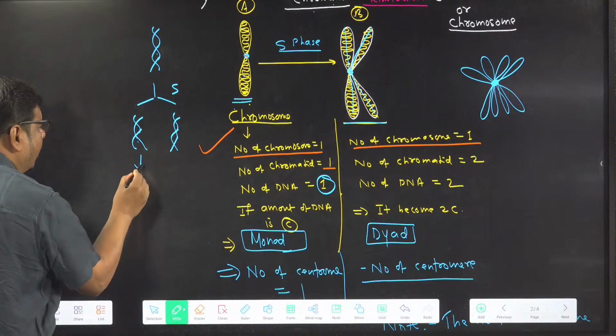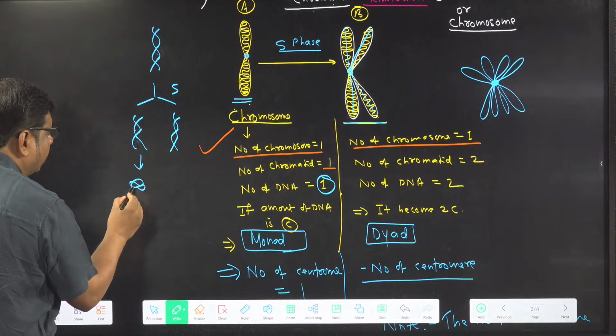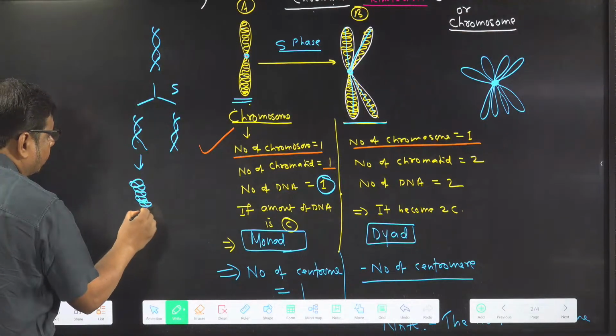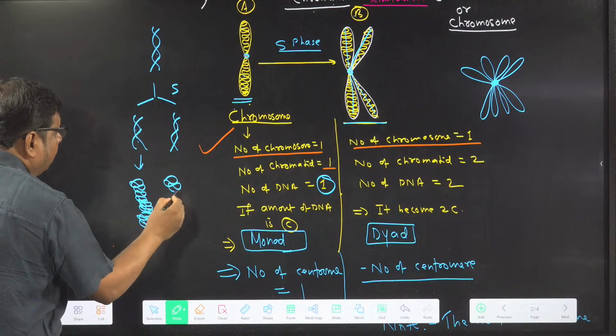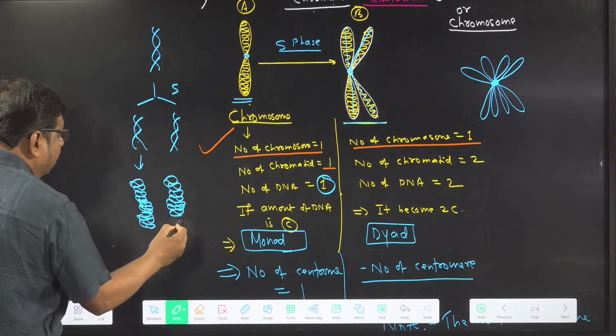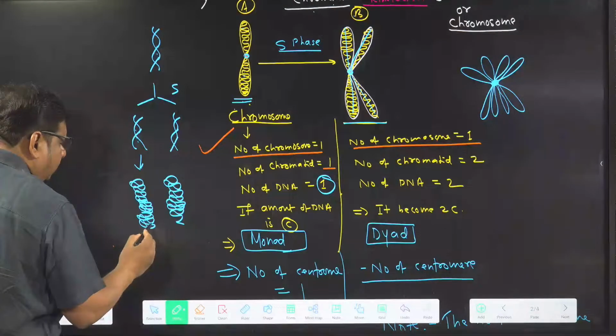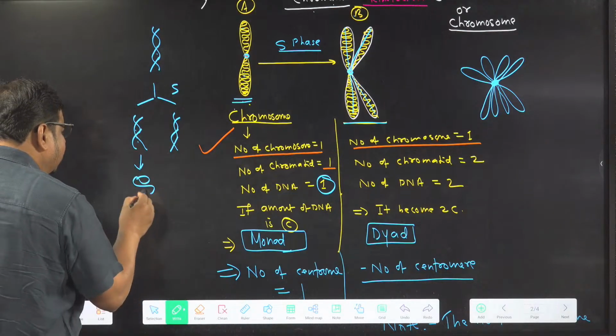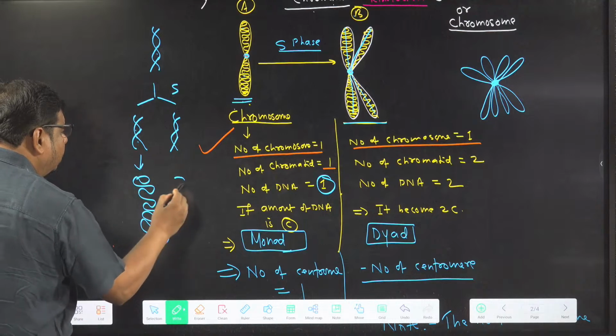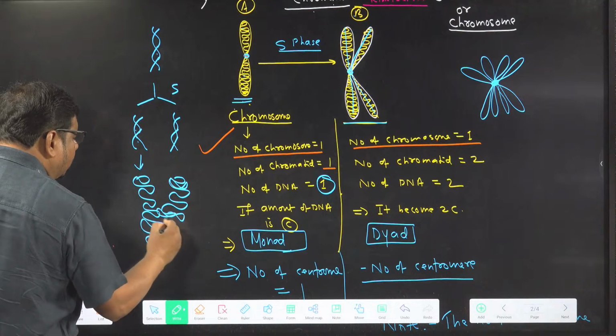And when this is coiled with which one? Histone protein, it becomes like this. But what happens? They are not separate. They are joined with the common centromere.